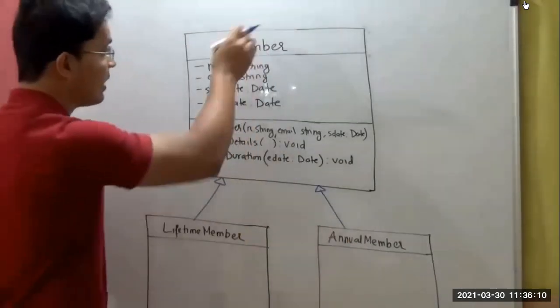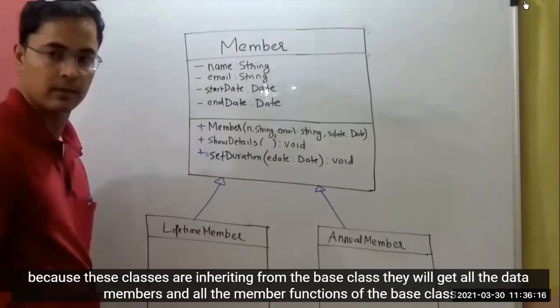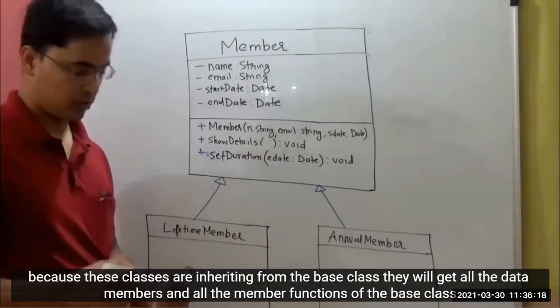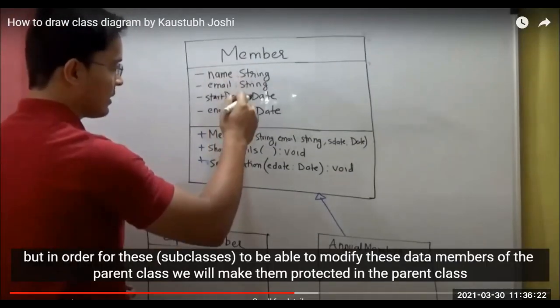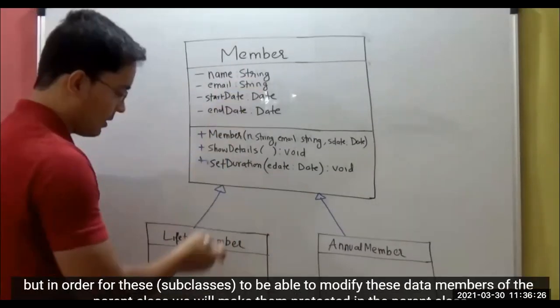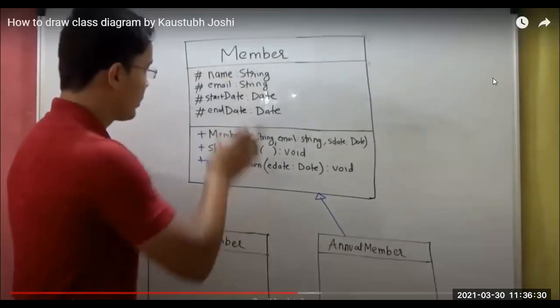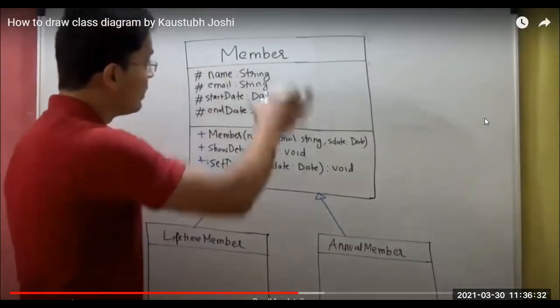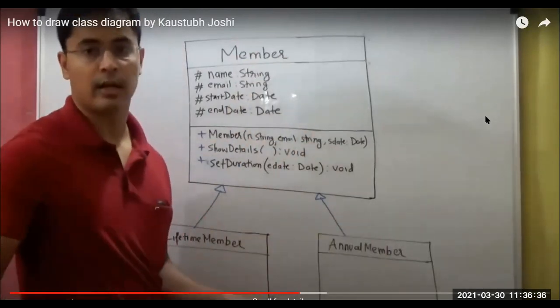Please mark your attendance. Because these classes are inheriting from the member class, they will get all the data members of this class and all the member functions also. But in order for these classes to be able to modify these data members, we will make them protected. You remember protected? Protected data members can be accessed within this class and in the immediate children classes.